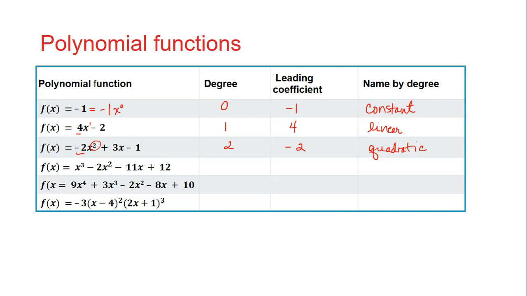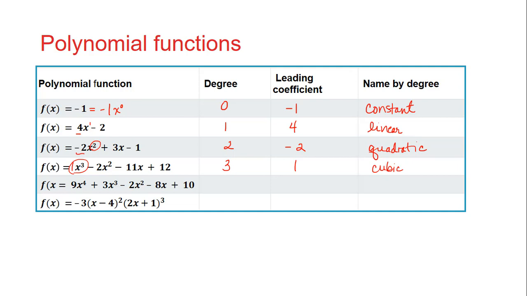f of x equals x cubed minus 2x squared minus 11x plus 12. Again, this is in standard form with the exponents decreasing. X cubed is the term with the largest exponent, which tells us the degree is 3, and the coefficient of that term is understood to be 1, and the degree 3 is a cubic function.